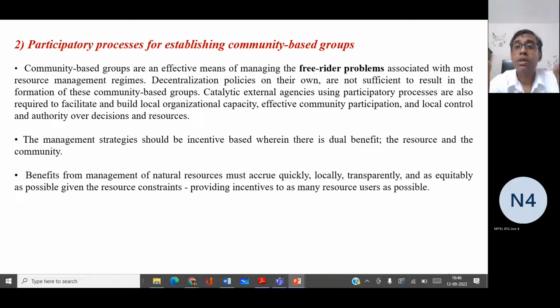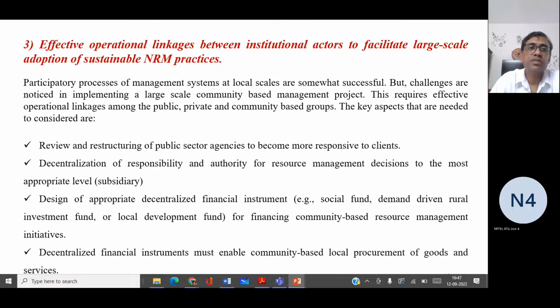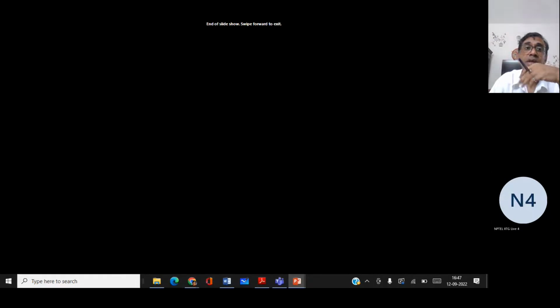Many of you, if you are from any non-government organization or grassroots level organization, must be aware of how participatory or community-based natural resource management, that is CBNRM, which we also discussed in this course, is critically important for best management practices for natural resource management. Then different linkages between different institutional actors to facilitate large scale adoption of sustainable NRM practices. We have discussed that.